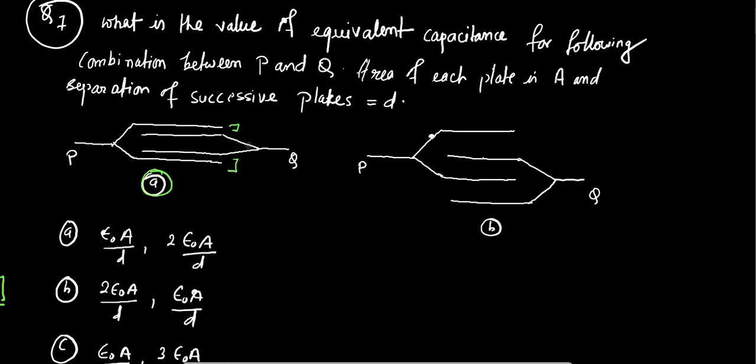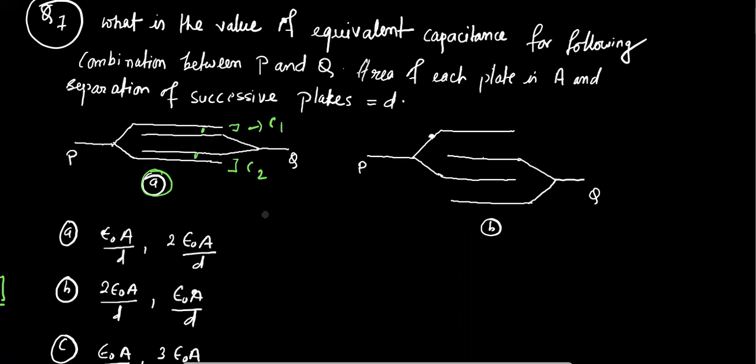Suppose the capacitance of this capacitor is C1 and this one is C2. Then we can easily see in the first figure that these two capacitors are in parallel combination.